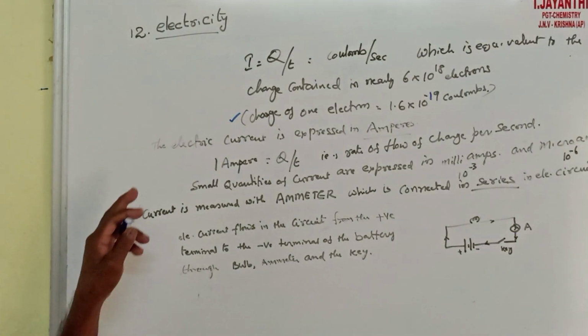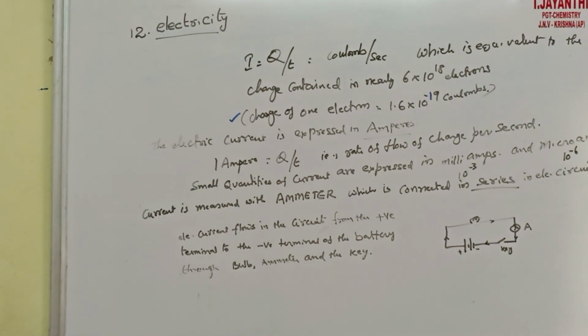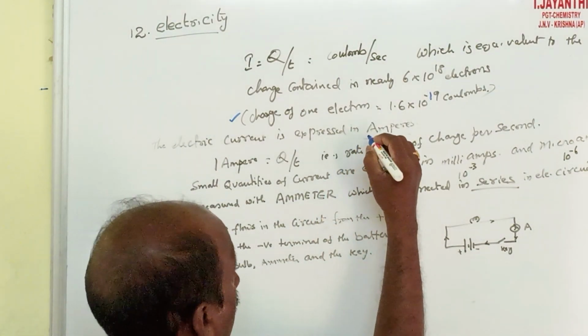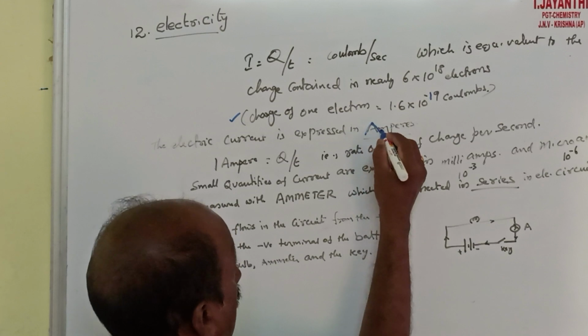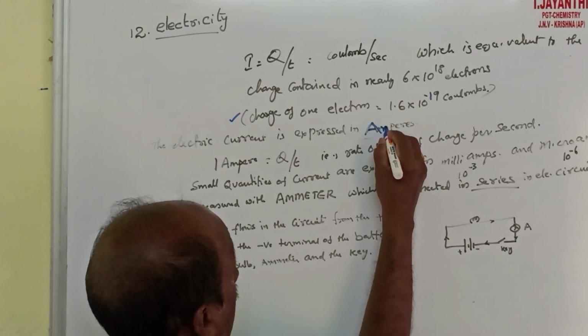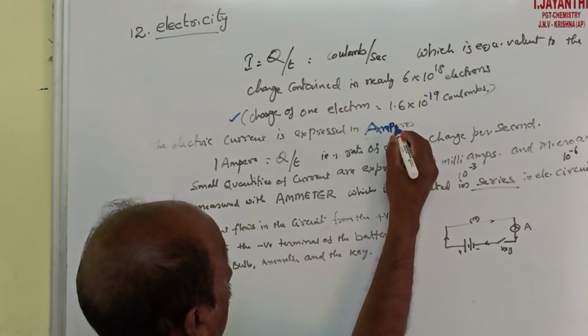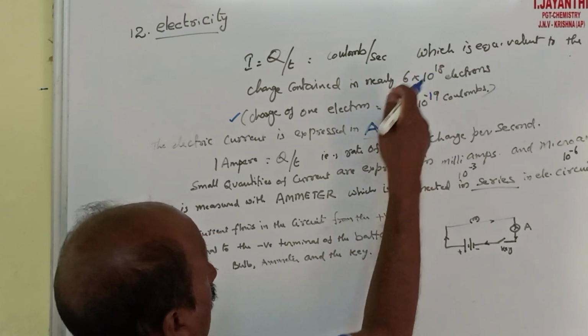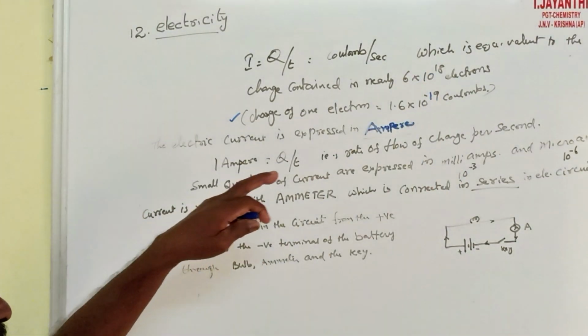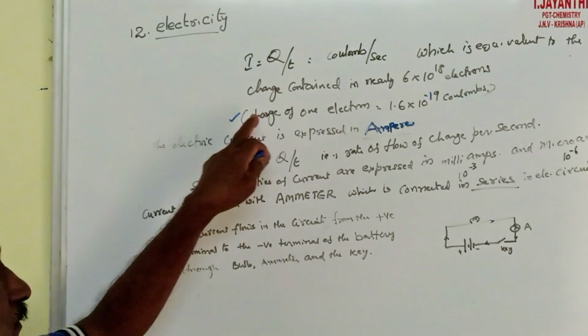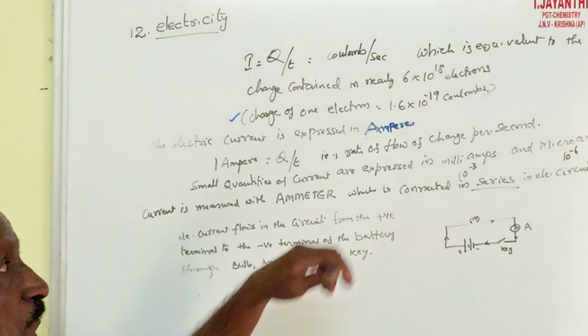So the electric current is expressed in ampere. Of course, this is coulombs per second, what we have derived here, but the particular name given to this unit is ampere.